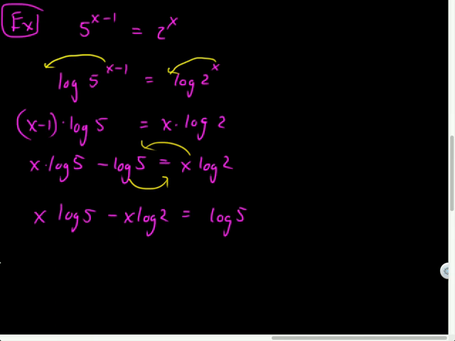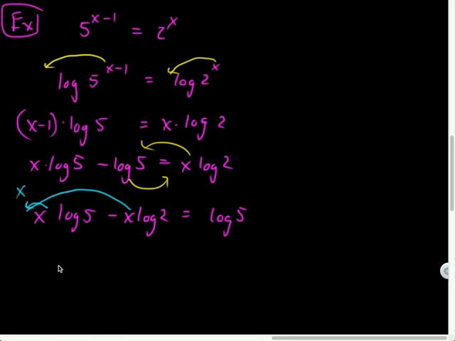Now anyone have any ideas? How am I going to get x by itself? Combine the logs. You could actually rewrite it as x log 5 halves equals log 5. Yep, that would work. I could use the difference of logs to write the log of a quotient. The first thing I'm going to do is actually factor out an x.